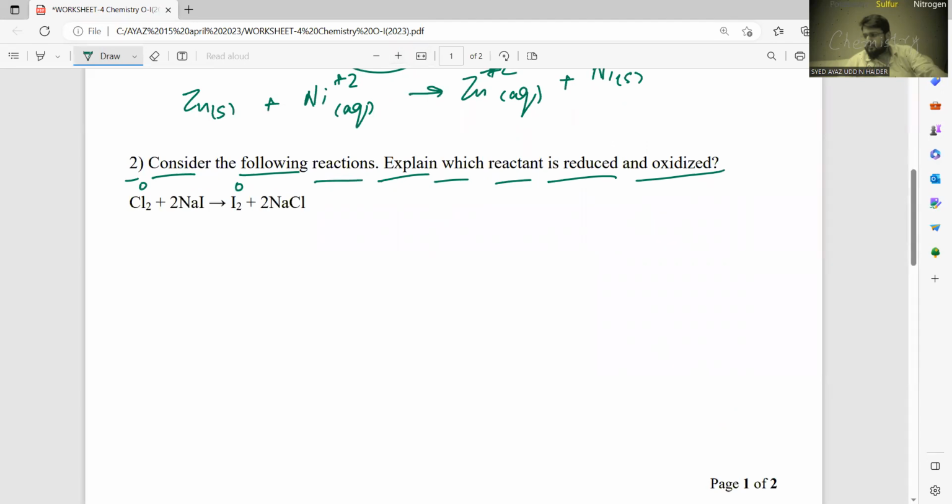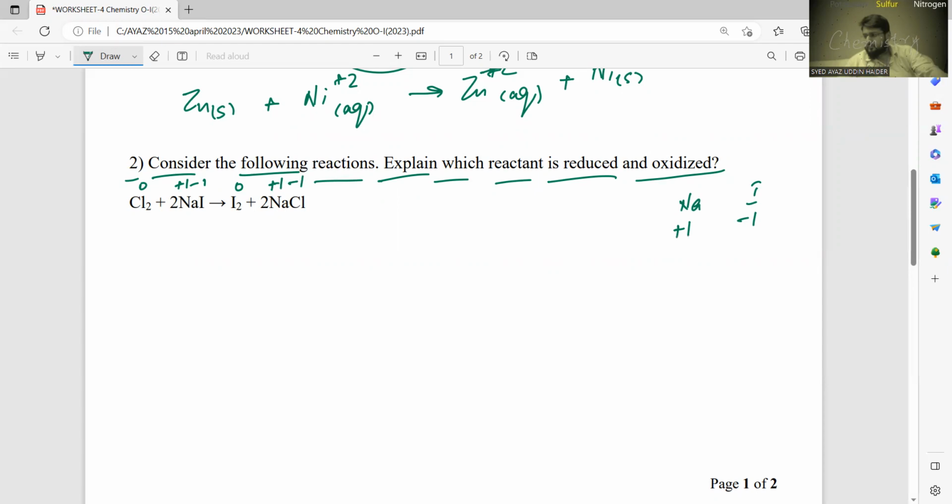What about NaI and NaCl? Na is the metal and I is a non-metal. Na belongs to group 1, I belongs to group 7. So Na will definitely carry +1 and group 7 will carry -1. So it's very easy to predict. You write +1, -1 for NaI. Similarly, for NaCl, you will write +1, -1.